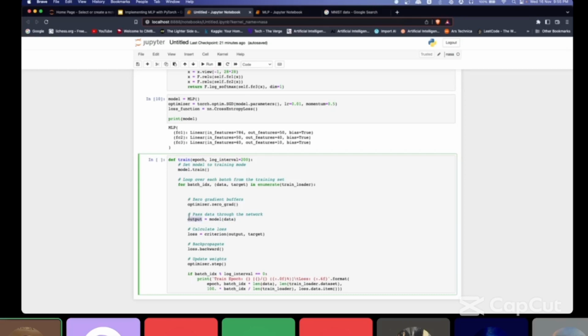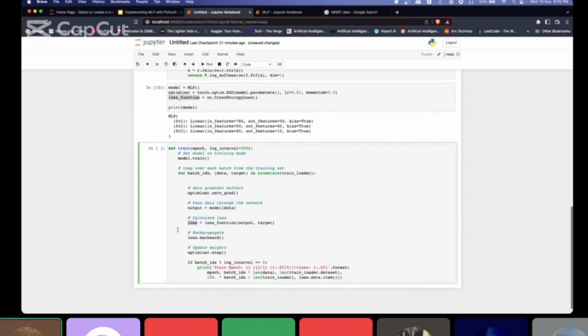All right, so now once we got the output from the model, we are going to use the loss function earlier to calculate the loss. So you give the output from the model and the actual target, right? Both of these are going to be compared, and we're going to have a loss over here. Now backward is where the back propagation happens. Remember the derivation earlier?